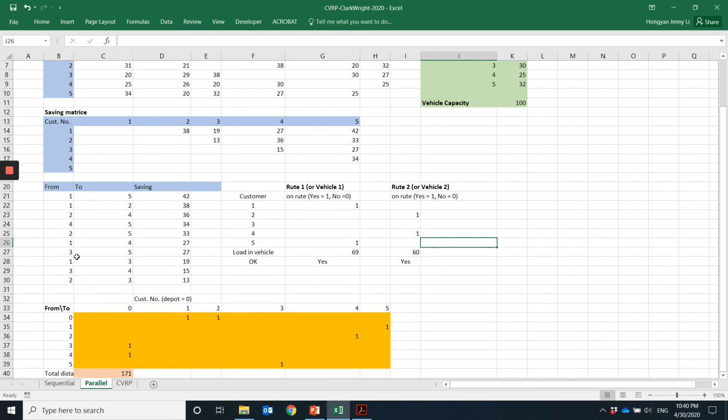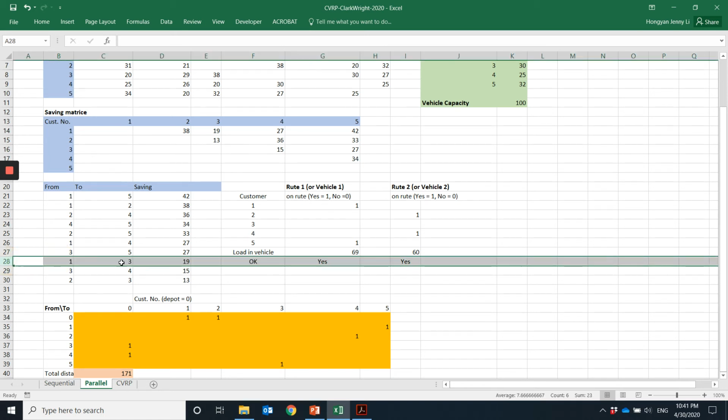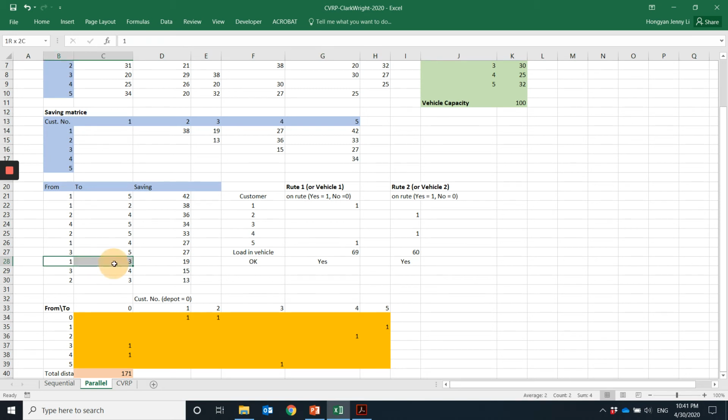I cannot connect customer 3 into these, so I continue to see the cost savings. I found in row 28, if I connect customer 1 and 3 together, we save 19 units of cost. So I put customer 3 in the first route, and I still satisfy the capacity constraints.